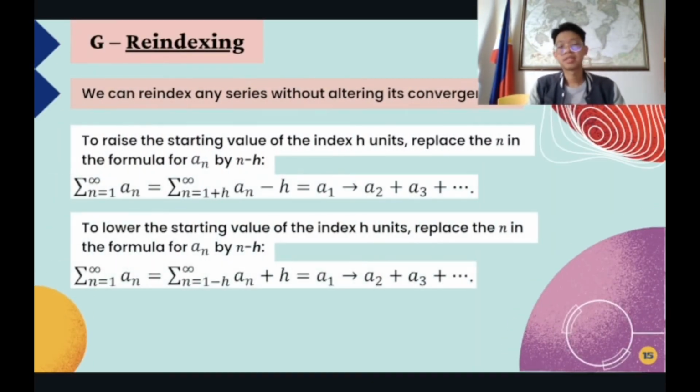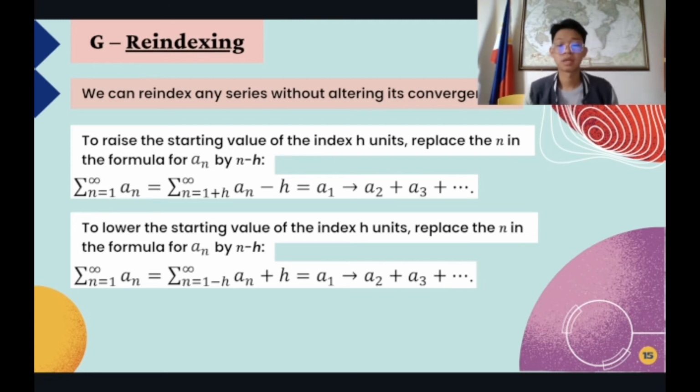Reindexing. We can reindex any series without altering its convergence. To raise the starting value of the index by a, replace the n in the formula for an by n minus a. The sum of an from 1 to infinity is equal to the sum of a(n minus a) from 1 plus a to infinity, equal to a1 plus a2 plus a3 plus dot dot dot.